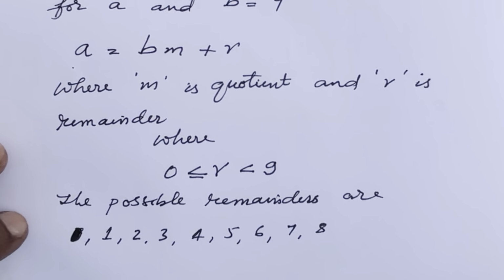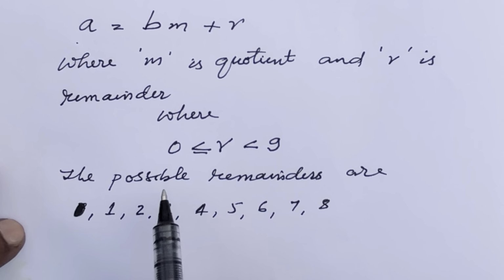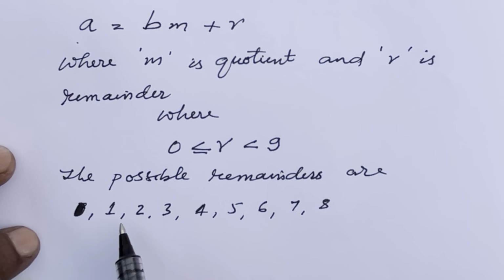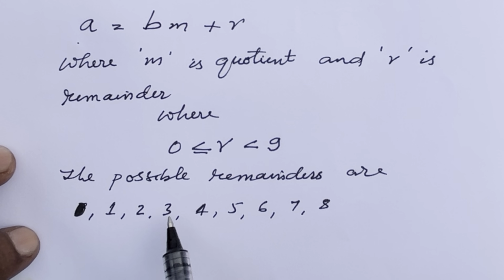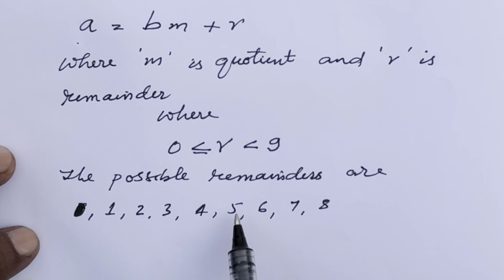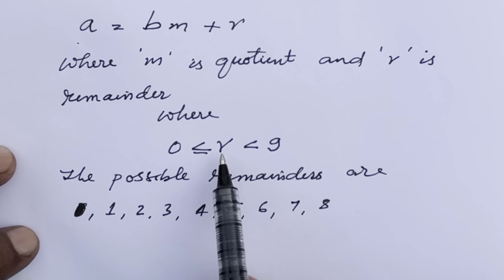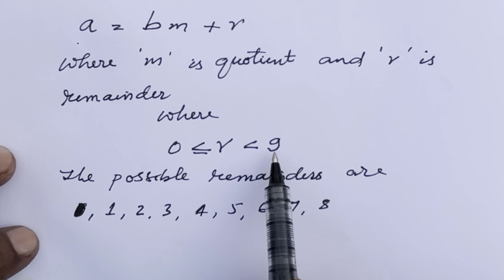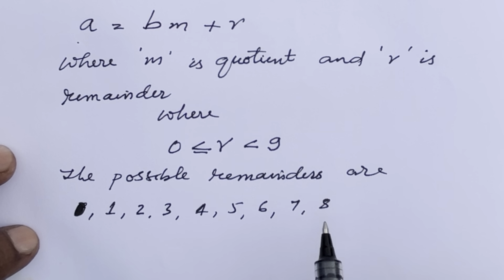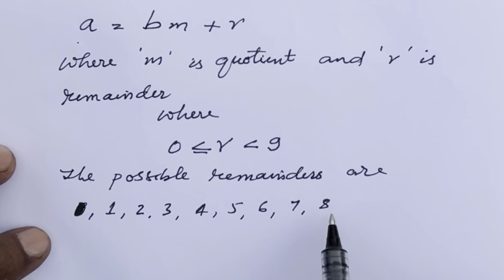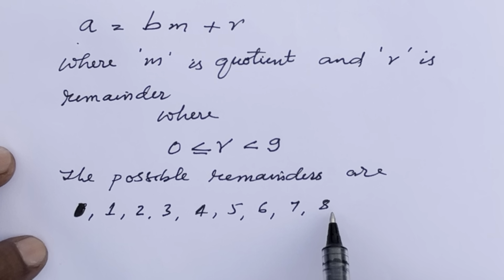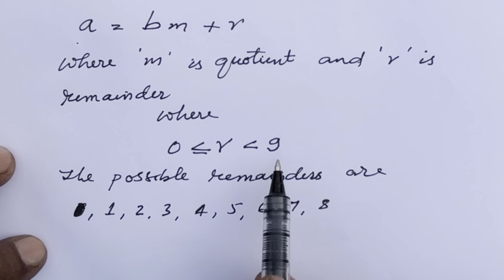Now according to this, the possible remainders are 1, 2, 3, 4, 5, 6, 7, 8. Why? Because the remainder is always less than 9. So the possible remainders will be only up to 8. It should not exceed 9.